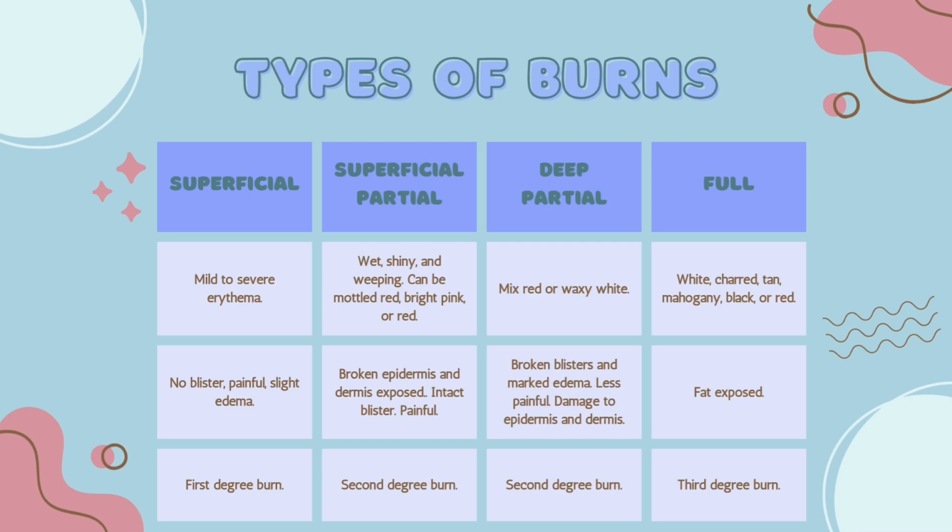I know it could get confusing with the different types, like superficial versus full, and then first degree versus third degree. But I do remember when I was studying and preparing, I didn't really get a lot of practice questions that focused on first, second, third degree burn.